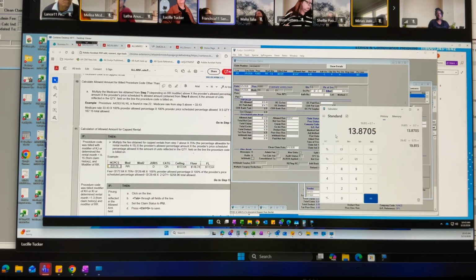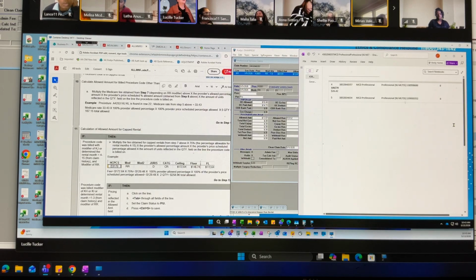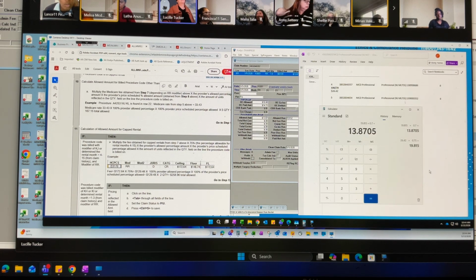Oh, because the parameter allowable was 100? 100%, not 100. It's 100% and 70%. So we don't multiply it times 100 and then by 70. We multiply it by 100%, which is 1, and we multiply it by 70. Oh, okay. Try it.